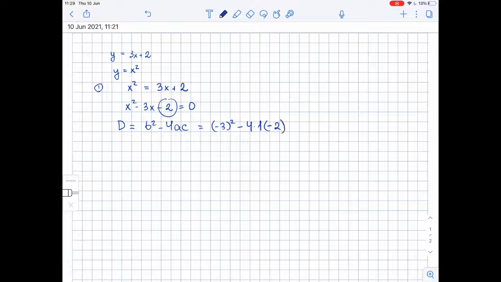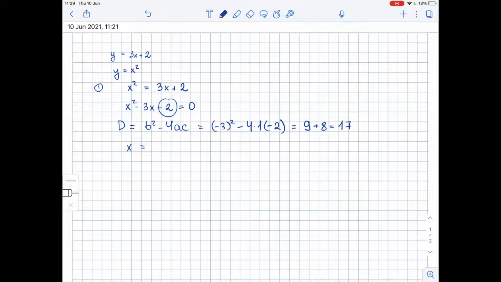And c is this number, so times negative 2. Well, negative 3 squared is equal to 9. 4 times negative 2 is negative 8, so 9 plus 8, and we get that our discriminant equals 17.